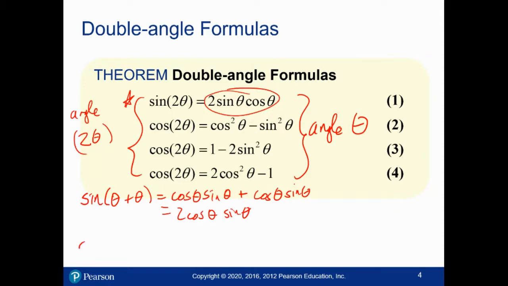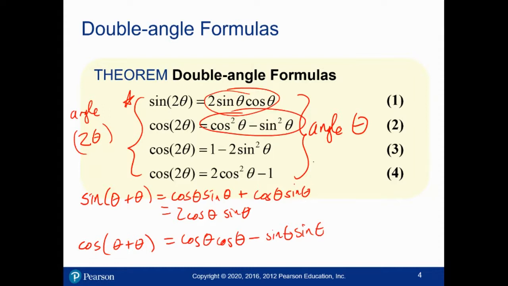And similarly, if we take the cosine of theta plus theta, we get cosine of the first angle, cosine of the second angle, minus sine of the first angle, sine of the second angle, and that's exactly what we have right here.